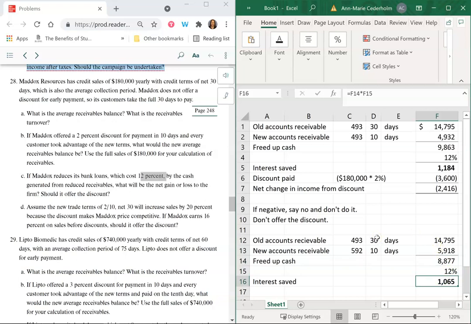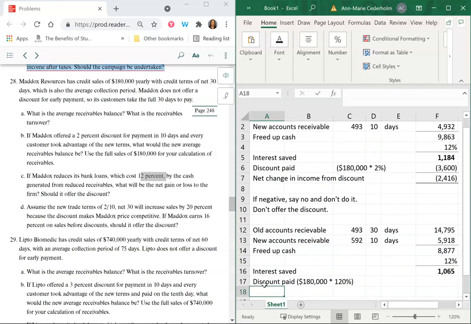So that's not the only thing. I have to calculate my discount paid again. I'm not going to have to pay interest, but I'm also going to let my customers pay me earlier, and I'm going to reward them by knocking 2% off their bill. So what I need to do is take the 180,000 and multiply that by 120%, because that's going to gross my sales up again to 216,000.